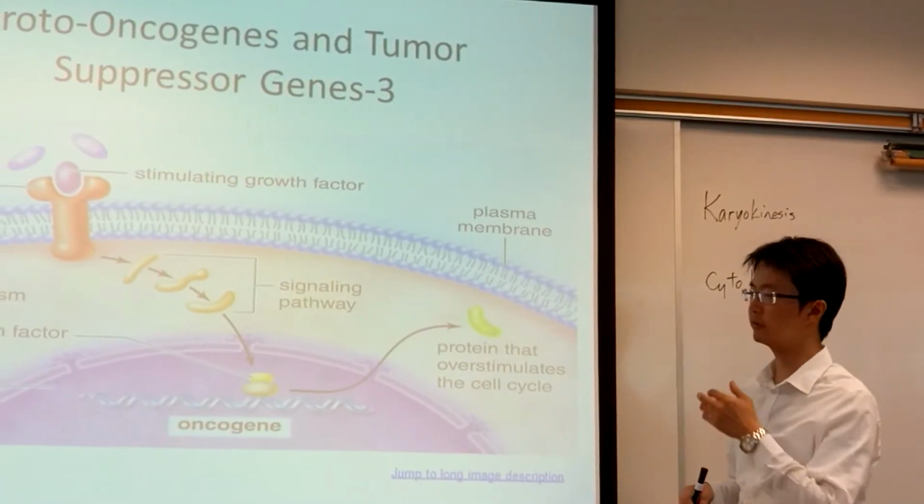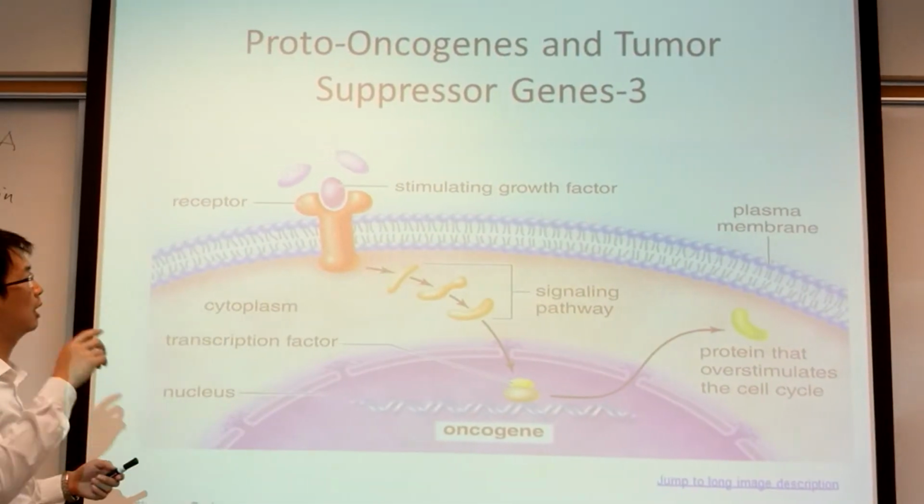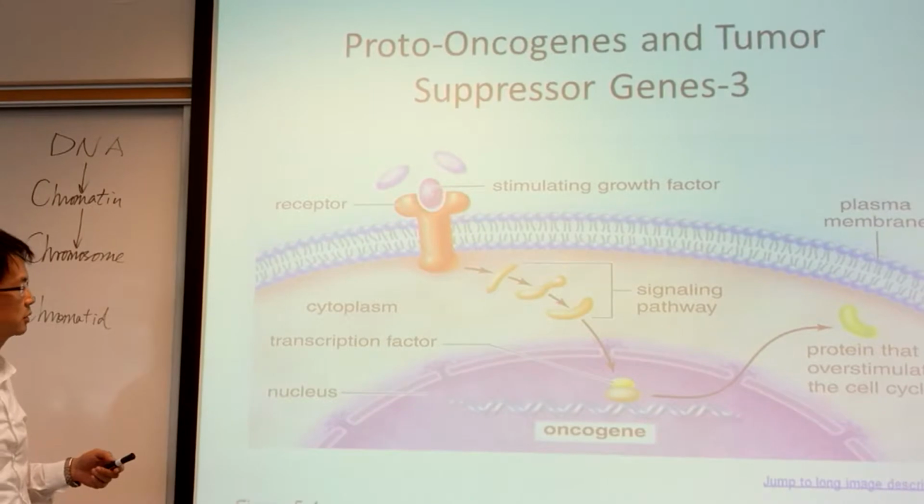So here is an extremely simplified diagram for tumor suppressor gene stuff.